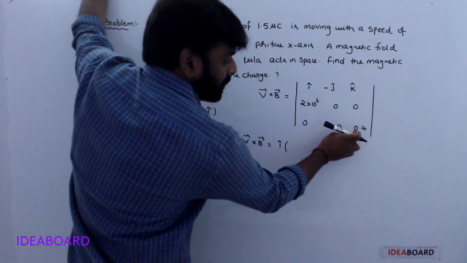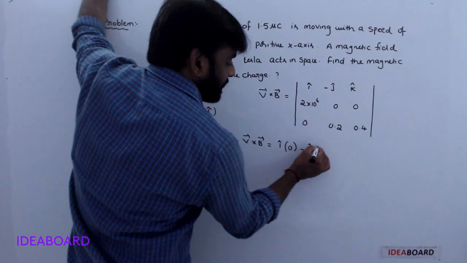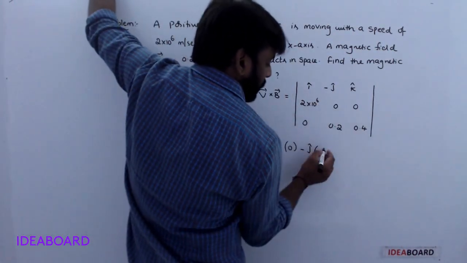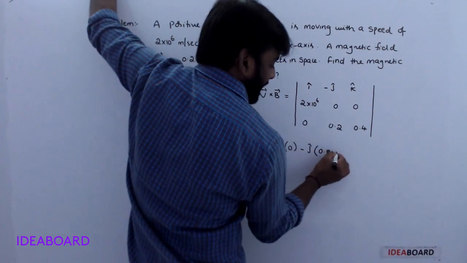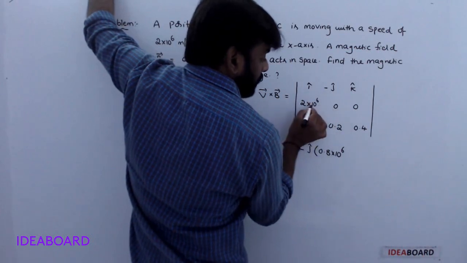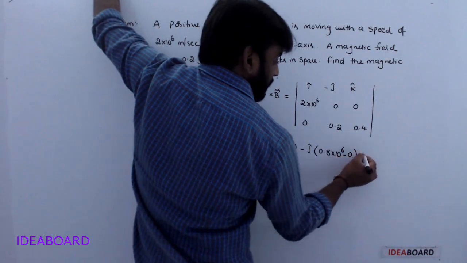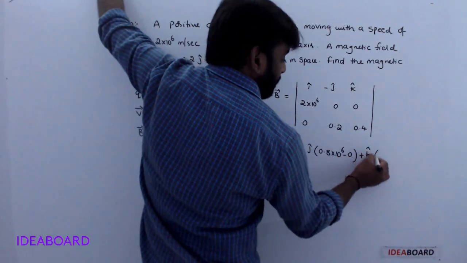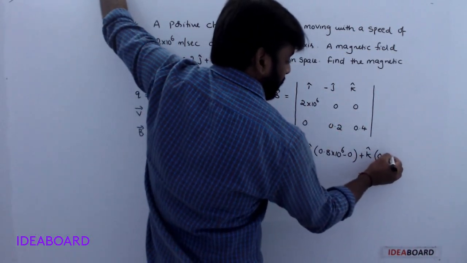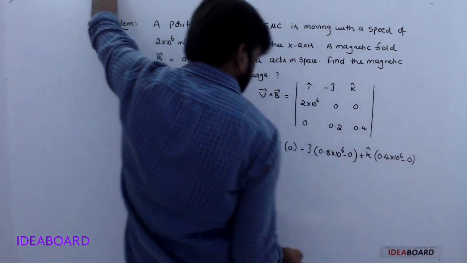So V bar cross B bar is equal to I cap (0 into 0.4, minus 0.2 into 0, which is 0), minus J cap (2 into 10 to the power of 6 into 0.4, that means 0.8 into 10 to the power of 6), plus K cap (2 into 0.2, minus 0 into 0.4 into 10 to the power of 6, that is 0.4 into 10 to the power of 6).